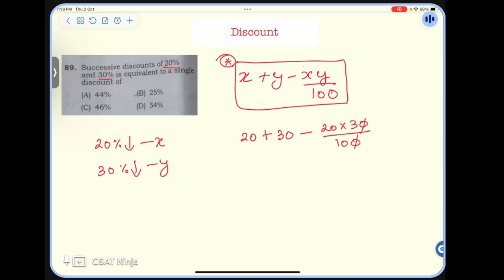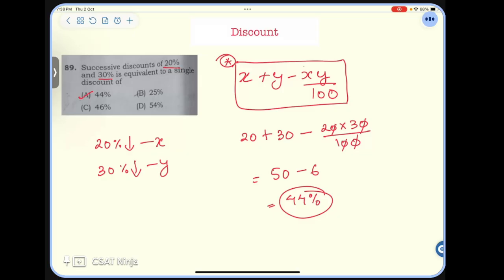Zero, zero cancel. 20 plus 30 is 50, minus 2 3s are 6. So 50 minus 6 is how much? 44. So the discount here is 44%, which is option A.